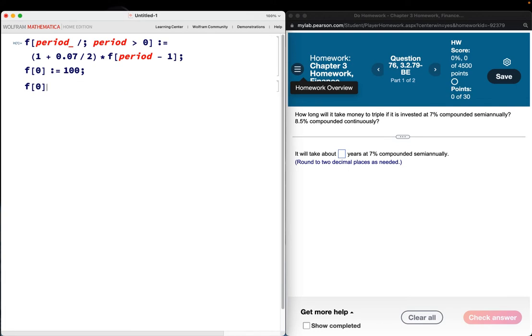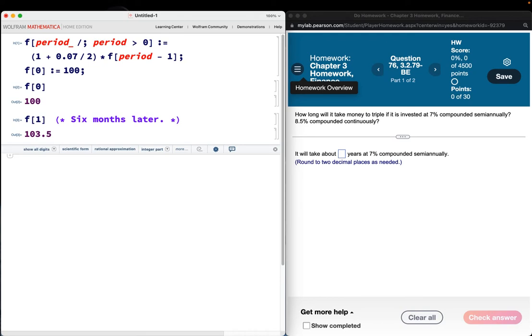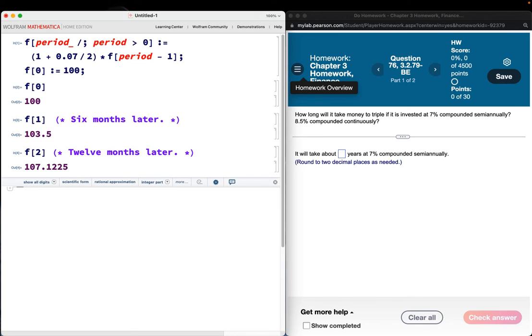F of 0 should be $100. 6 months later, I have that much money. And then 12 months later, remember each period represents 6 months, I have that much money.